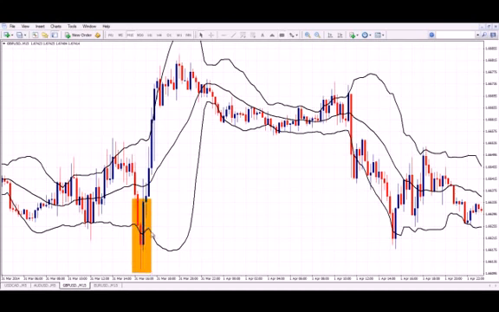Now this is an oversold signal. So when the price comes all the way down, closes at the exterior of the band, and then we have a bullish engulfing candle, we have a signal to buy calls on whatever instrument you are trading, in this case the GBP USD.